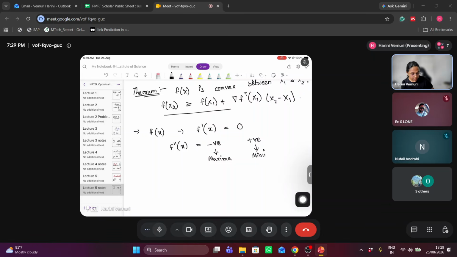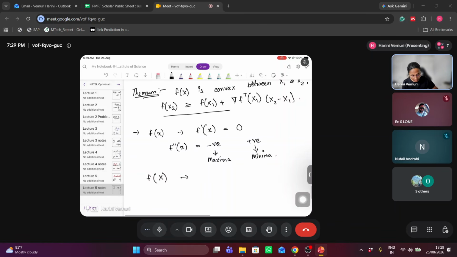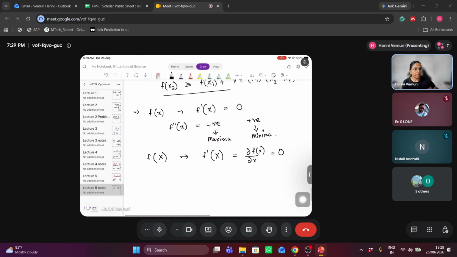Similarly, for multiple variables also, we know f dash of x, that is all the partial differentiations with respect to x, will be equal to 0 where there is an optimum, minima or maxima.